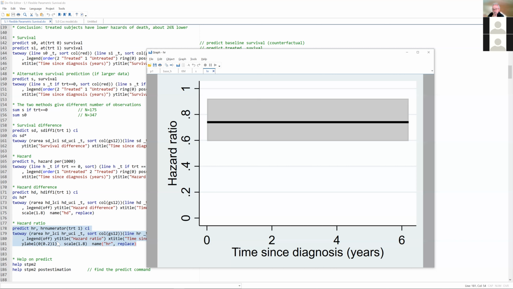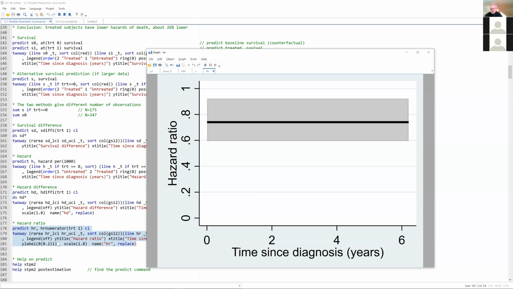So Ronnie wants to know, does all this stuff also apply to risk analysis? Yes, I'm not quite sure what you mean by this, Ronnie. Where the endpoint is cancer diagnosis.